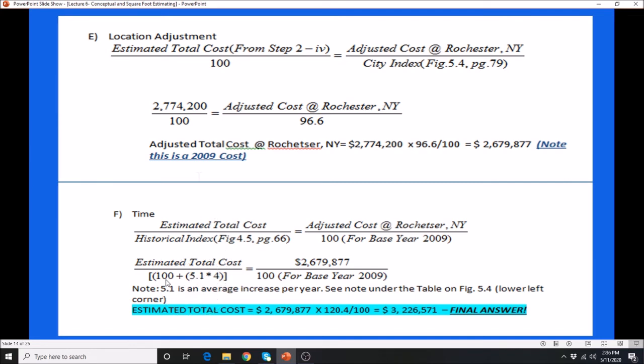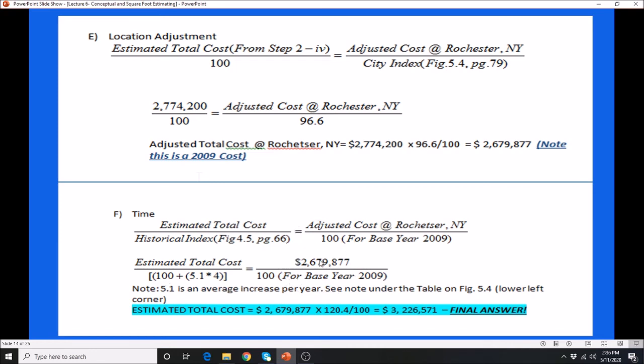That's the reason why from 2009, which is 100%, to 2013, that is a 4-year gap. Multiply that by the increase per year, and that will give you the historical index, or the index in a given year. So cross multiply: you first multiply 5.1 times 4 plus 100.